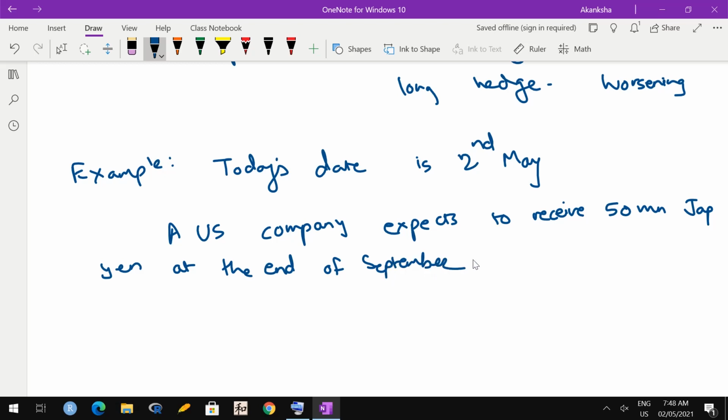Okay, US company expects to receive 50 million Japanese yen at the end of September.